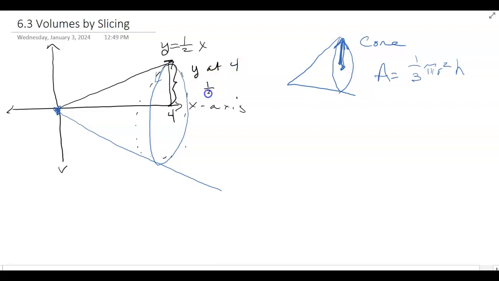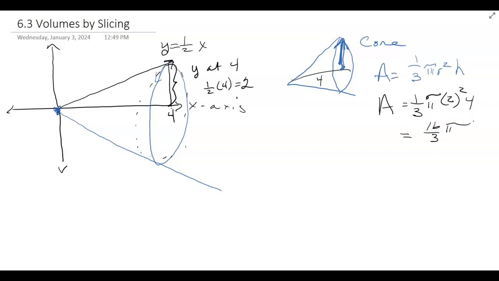So it's 1/2 of 4, which is 2. So I have 1/3 pi times 2 squared, and my height, I'm going from 0 to 4, so my height is simply 4. And I can easily get the volume of that cone: 16/3 pi. All right, that's not difficult.